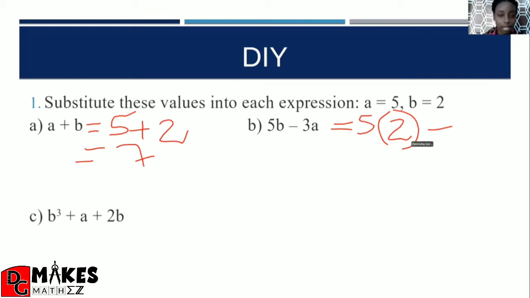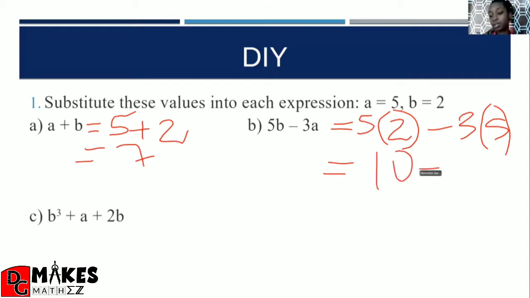Then we have 3 times a, that's where a comes in. So it's going to be 3 times the value of a, which is 5. And then we're going to have 5 times 2 gives us 10 minus 3 times 5, 15.